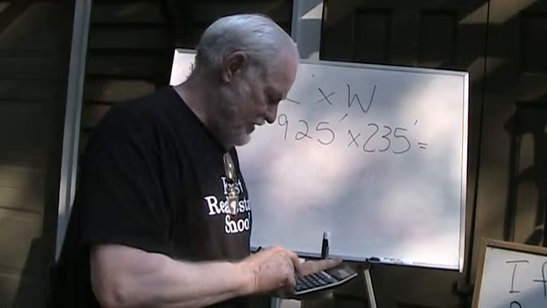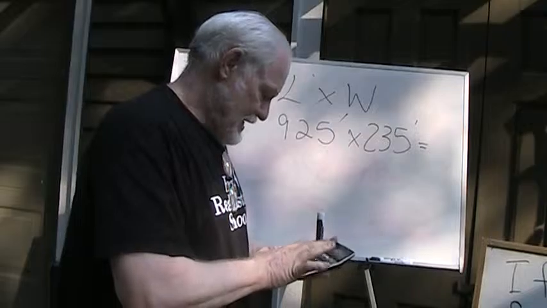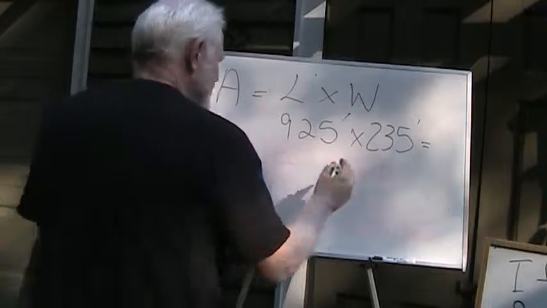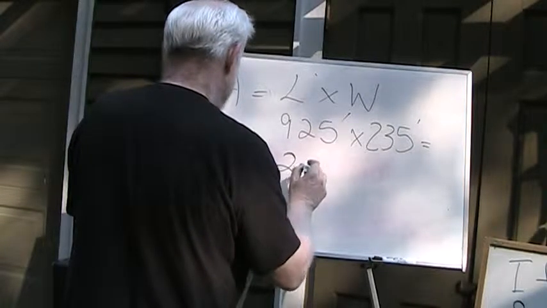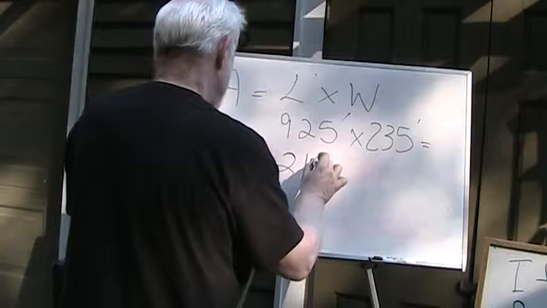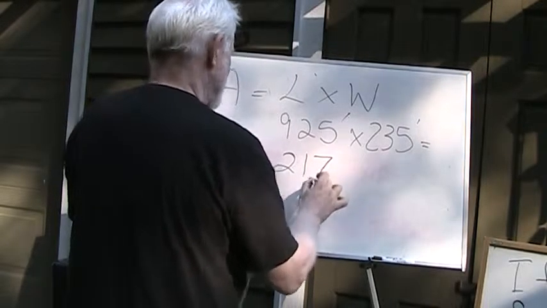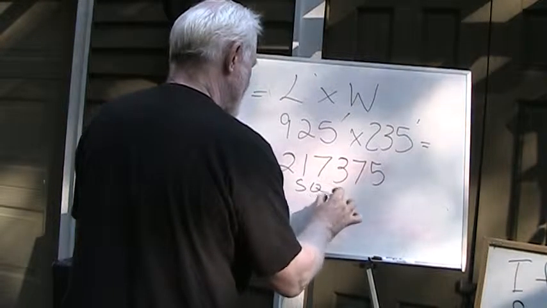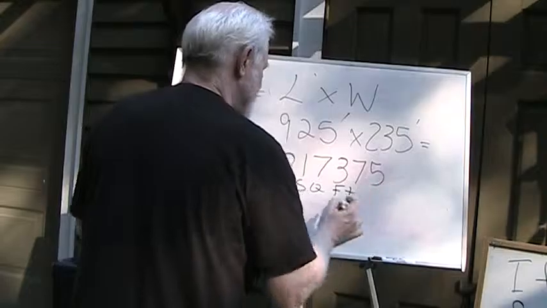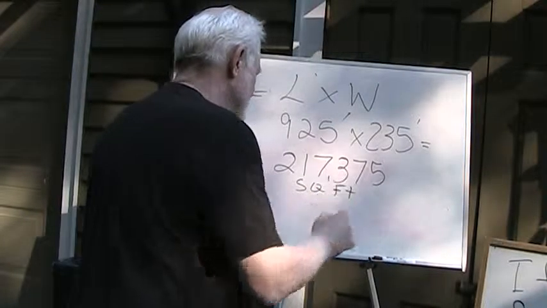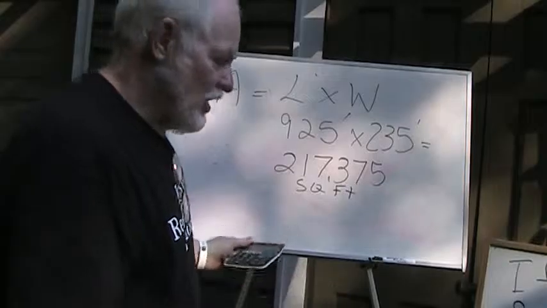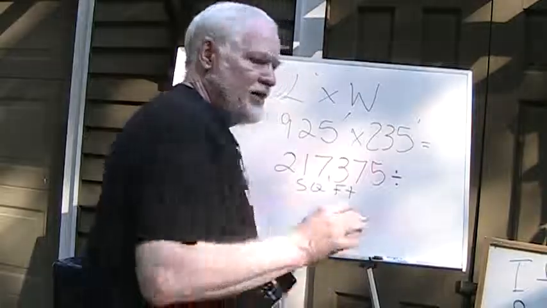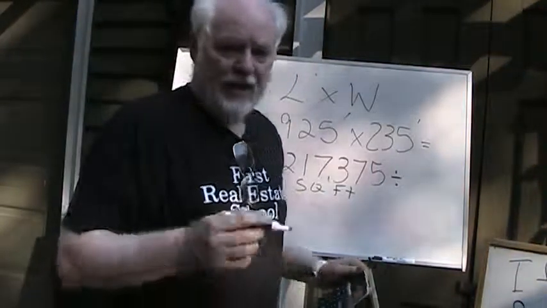The calculator says that this property is 217,375 square feet. Now, we're going to divide this by the number of square feet in an acre.